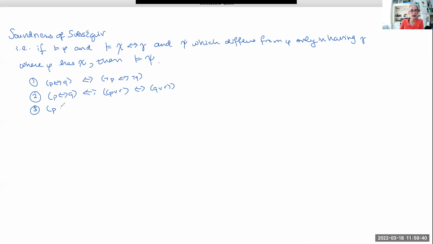And finally, if P and Q are equivalent, this equivalence is going to be equivalent to putting a disjunction on the right. So if P is equivalent to Q, then R or P is equivalent to R or Q.